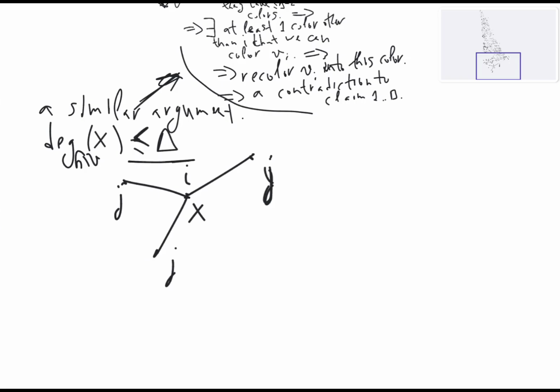Okay, so the degree is less than delta, and 3 of these adjacent vertices have the same color.